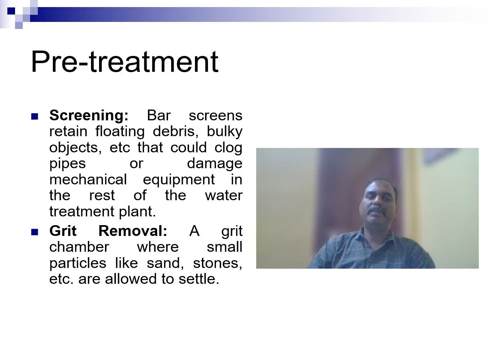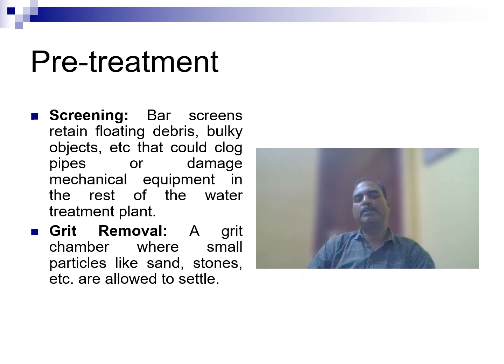First, pre-treatment or preliminary treatment. We have a larger size tank, through which we pass the wastewater into the screening. The bar screens retain coarse debris and bulky objects that could clog pipes or damage mechanical equipment in the rest of the water treatment plant.